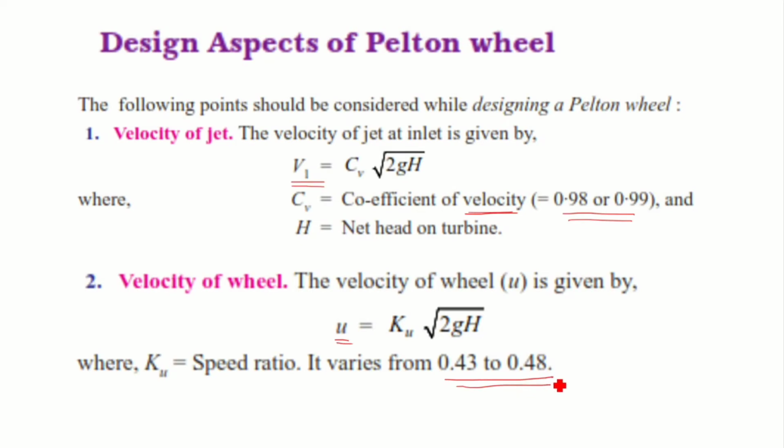So here also, if the values are not given in your problem, you have to assume this value, and you can assume values between 0.43 to 0.48. So this ku is the speed ratio. Speed ratio is equal to speed of the turbine divided by root 2gh.